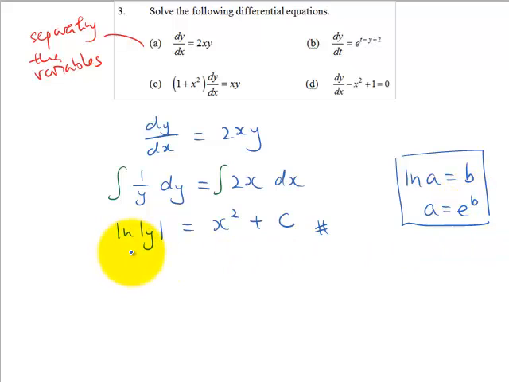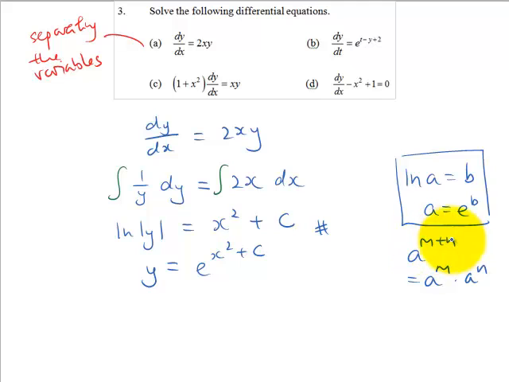So applying this here, if I move the ln over to the right hand side, it becomes an exponential function. Now, again, we have the indices law in play, so I can remind you first that a to the power of m plus n is actually a to the power of m times a to the power of n.